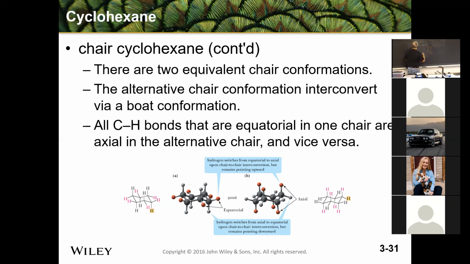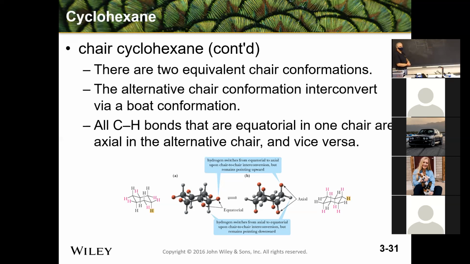Then going around this way, this line needs to be parallel to this one. This one parallel to this one and to this one. And then over here, this is parallel to this line, and then this is parallel to this one, and this is parallel to this one over here.